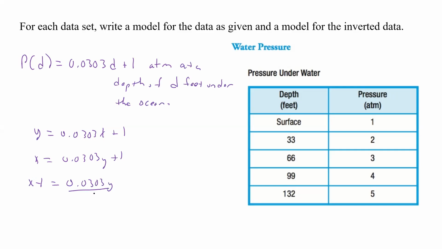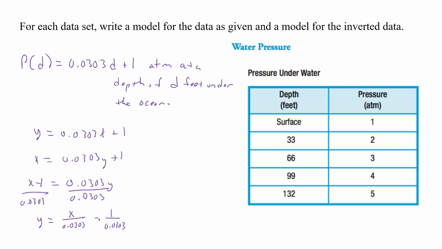0.0303y. Now I divide by that, and so then my y now is equal to basically x over 0.0303 minus 1 over 0.0303. That way I can split it apart like a linear function when I get done.